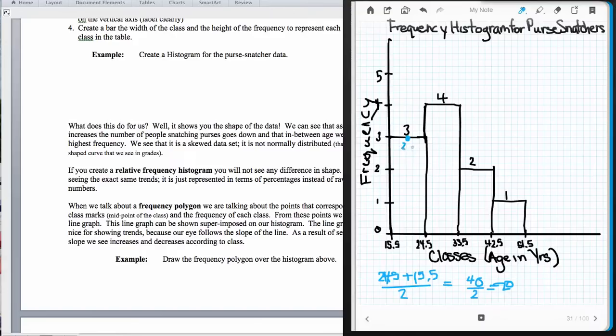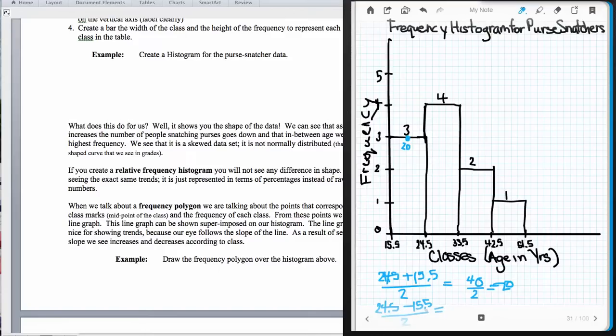So this point is at 20 here. And we could do that for each of these, or we could do another way, is 24.5, and we could subtract 15.5, and then we could divide that by 2, which gives us the distance from a lower class boundary to the upper class boundary, and or to the midpoint, or from the upper down to the midpoint.